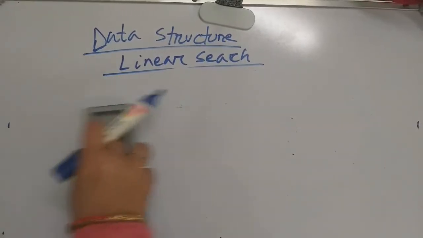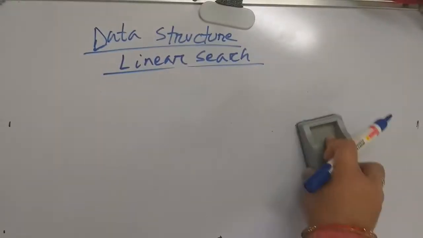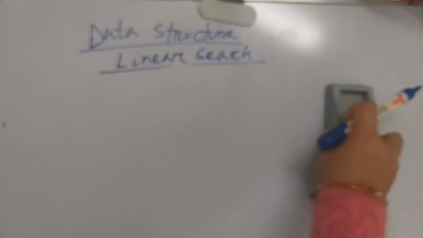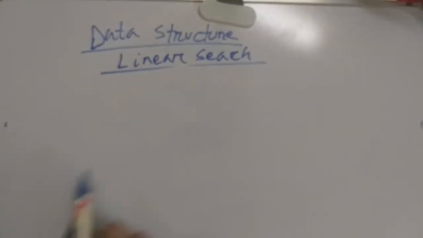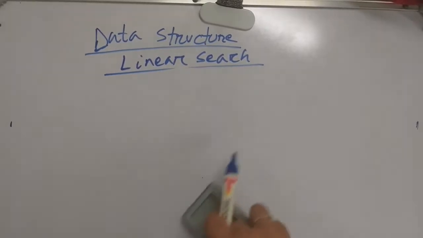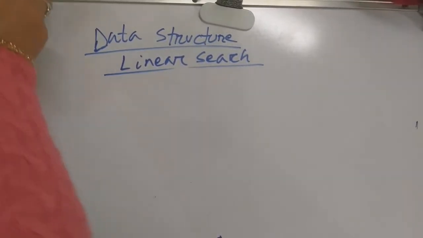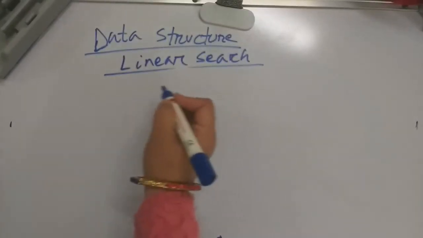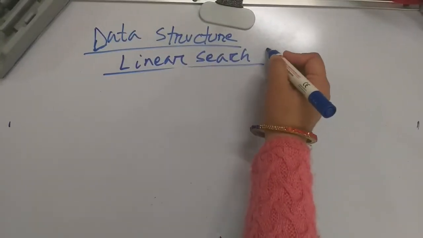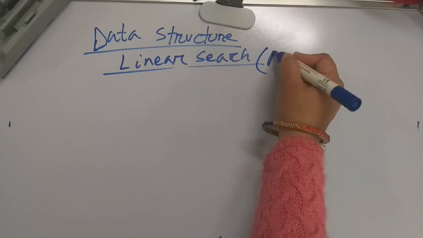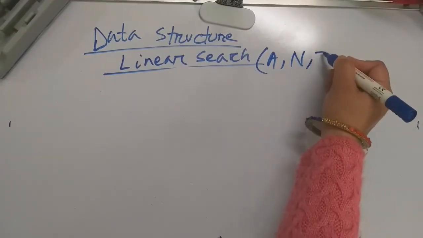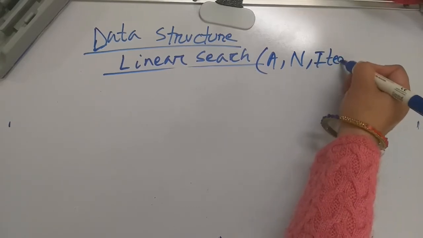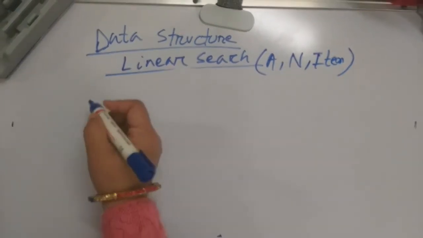So first we write the algorithm, because in data structures we explain all the algorithms, the stepwise procedure for writing a solution to any problem. Okay, then we write the linear search algorithm. Here, Linear Search, within brackets we write the name of the array A, N is the number of elements, and item is the item which we want to search.